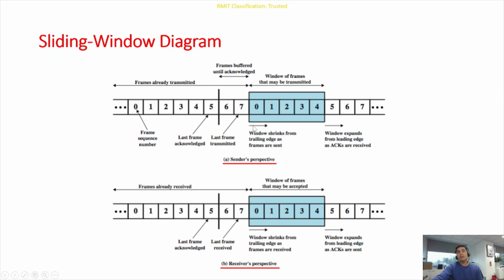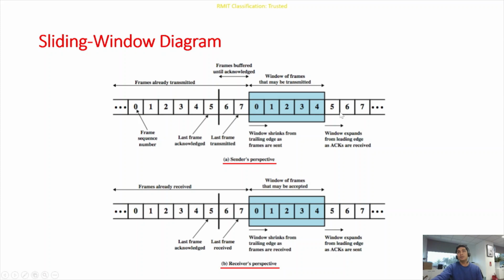If frame 6 is acknowledged by the receiver, this vertical bar will shift to here, and this region will slide to the right and expand again.